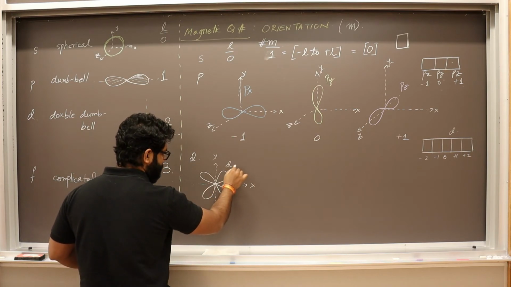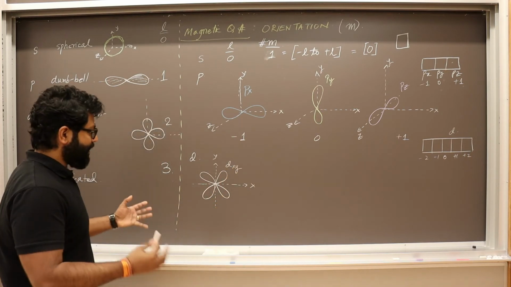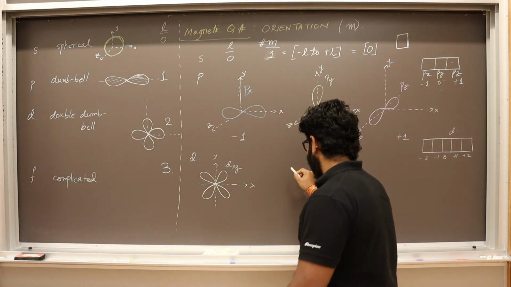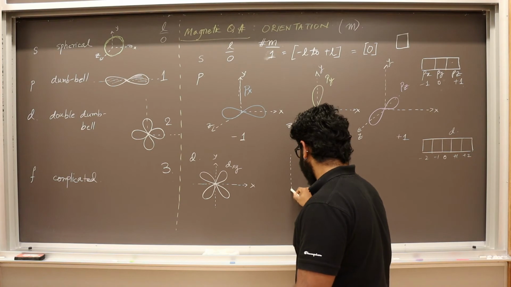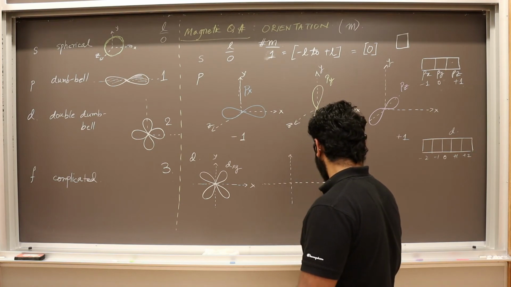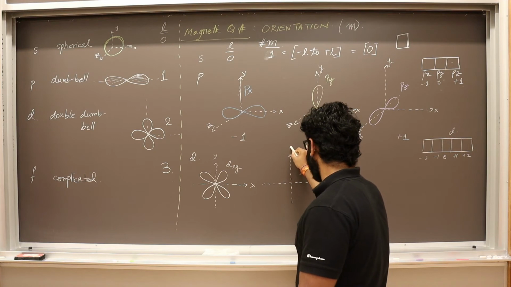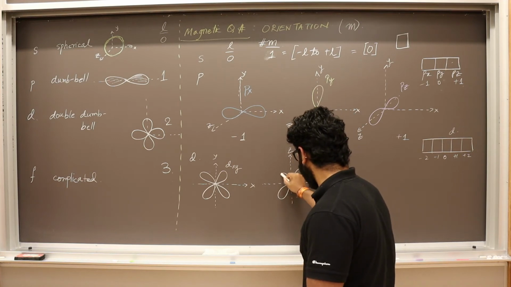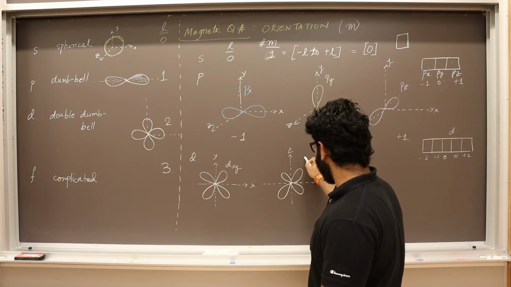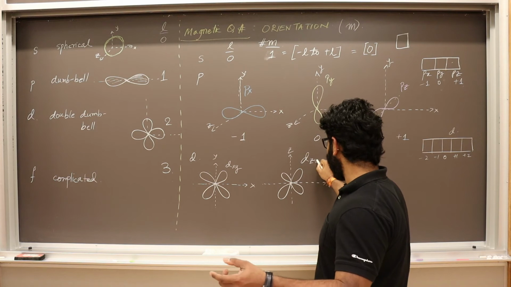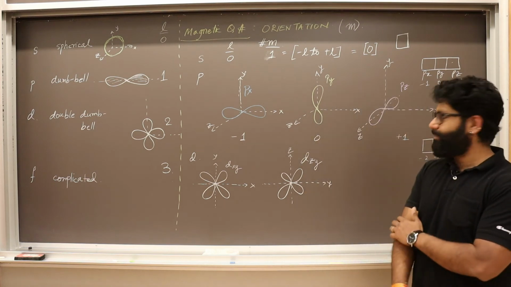This is dxy. Okay, you can have one orientation like this. Now similarly, if this is y and this is z, and you have something like this, this will become dzy.